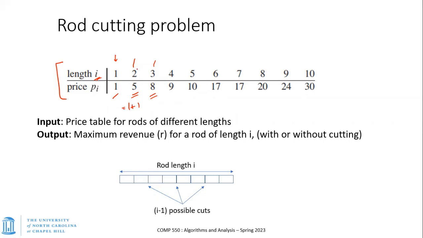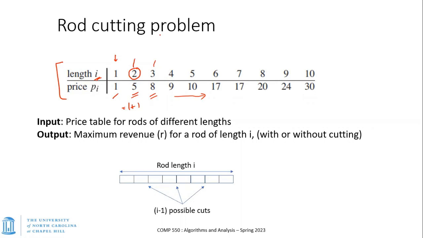But in fact, if you kept it at a size of 2, then that has a much better price, okay? Simply because people have different demands for different rods, and you can't just combine them together and use that. So once it's cut up, it uses some value. So the prices in this particular example, this is again from the book, are increasing, but they're not linear.